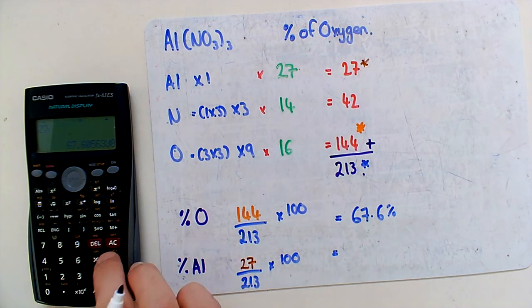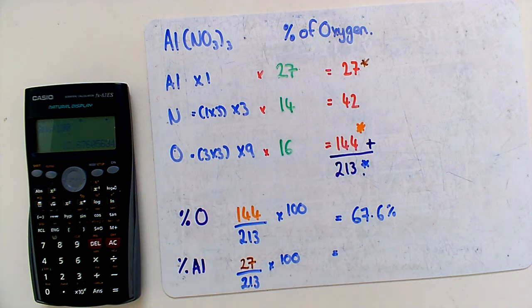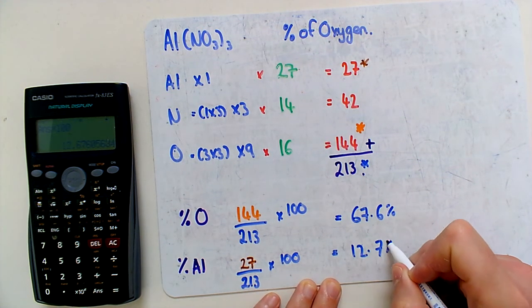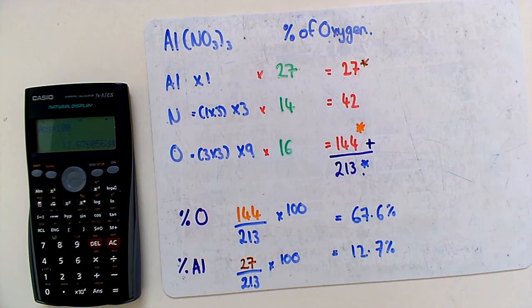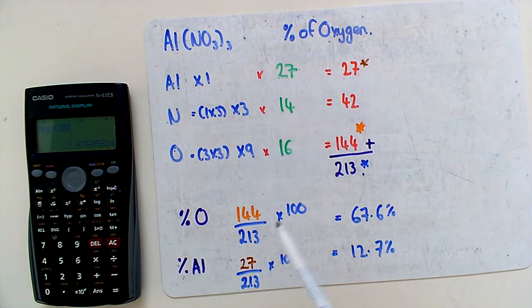So 27 divided by 213, multiplied by 100 equals 12.7%. So it's quite straightforward. Work out our formula mass, as always, and then it's whatever number for the element divided by the total, and multiply by 100 to get our percentage.